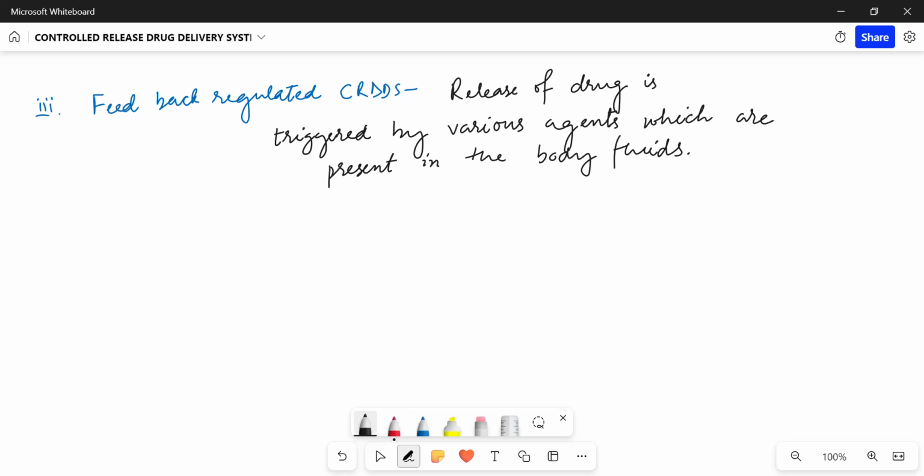Okay, now we will understand it through a diagram. This is the rate controlling surface.